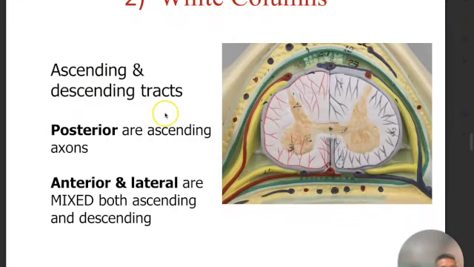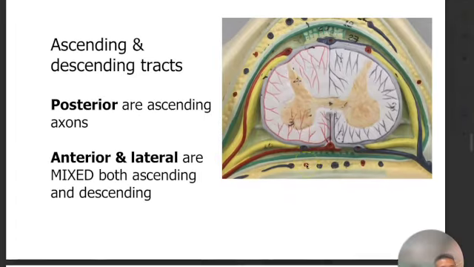Ascending and descending tracts. Posterior are ascending axons. Anterior and lateral are a mix of ascending and descending. Again, same thing. Posterior is ascending. Anterior is more descending and ascending as well.